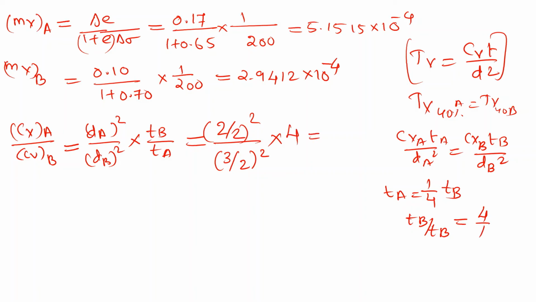Solving this, we get 1.778. That is Cv of A by Cv of B is equal to 1.778.